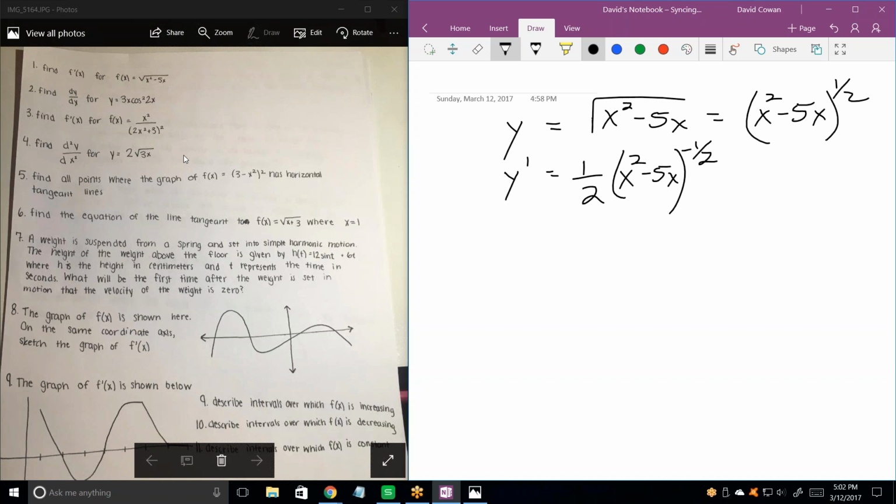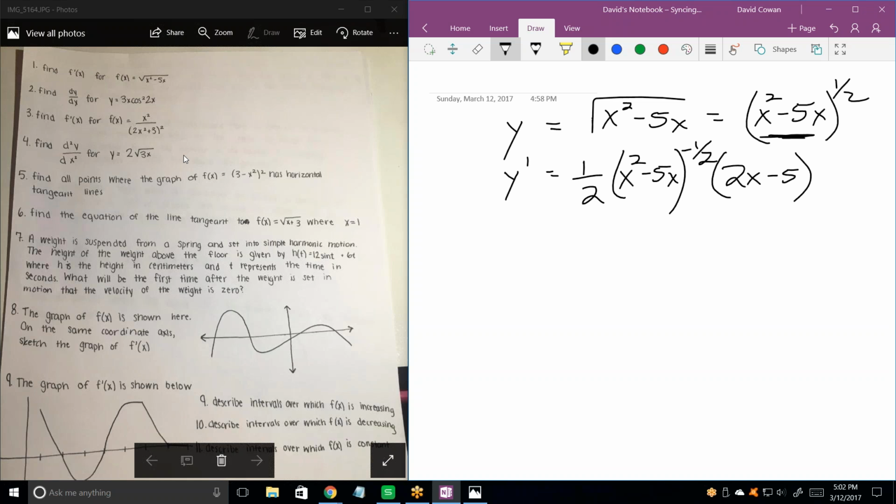Right. Now, there is an inside also. That's the inside. So you have to multiply that by the derivative of the inside. So times 2x minus 5.